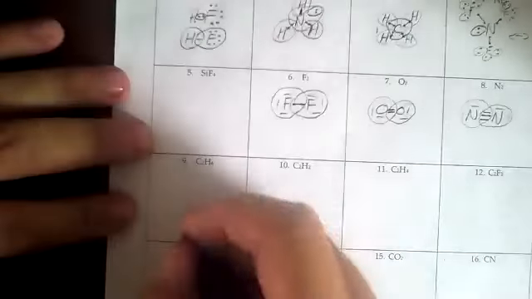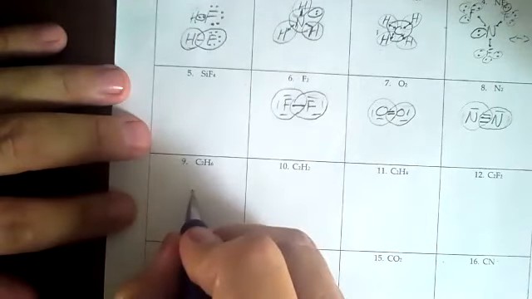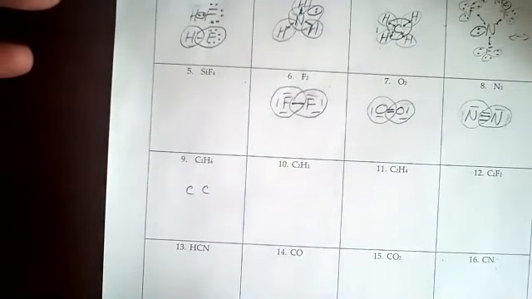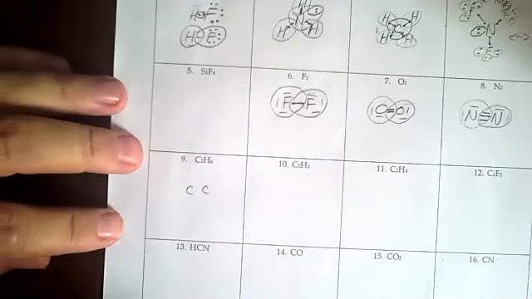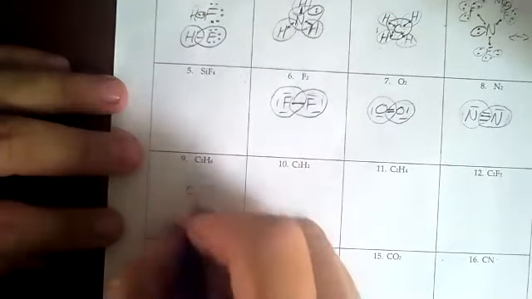Okay, on number 9, what you do is you make a string of the carbons. I know 2 carbons is like the shortest string possible, right? But you make a string of them, and then stick the hydrogens on as evenly as possible. So 6 hydrogens on 2 carbons goes 3 and 3.